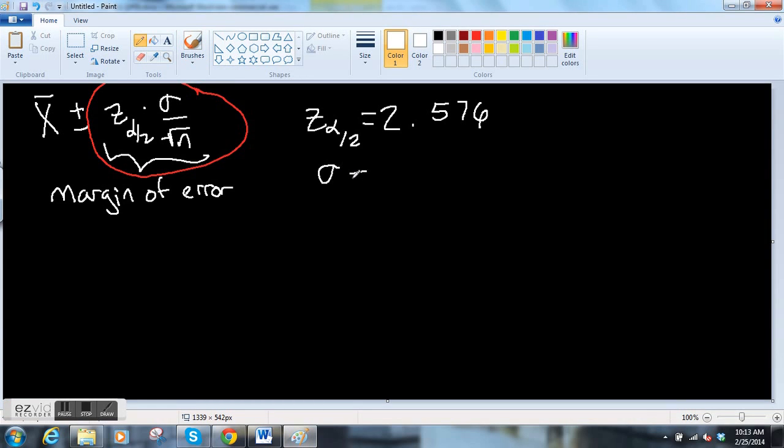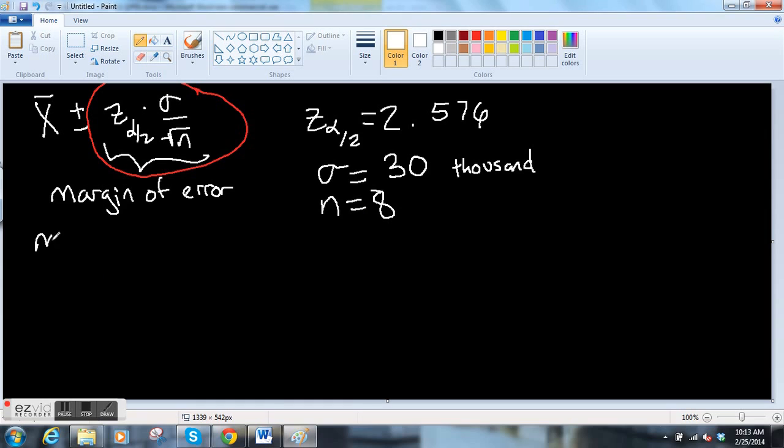Unless you're not taking my test and you're in a different class, then I guess you have something to worry about. So sigma, which was the population standard deviation, is 30. Remember it says 30,000, but we're just using 30 to be consistent with the numbers that we had before, and n equals 8.